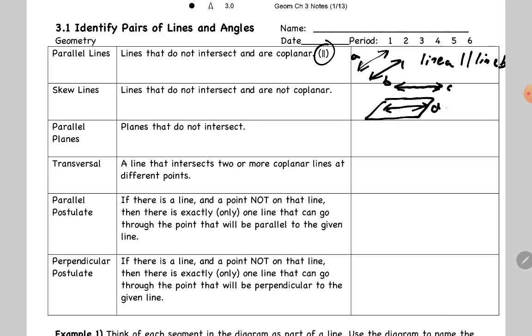So C and D are skew. And then parallel planes do not intersect. So I got a piece of paper on the table, and then I got a floating piece of paper above the table.